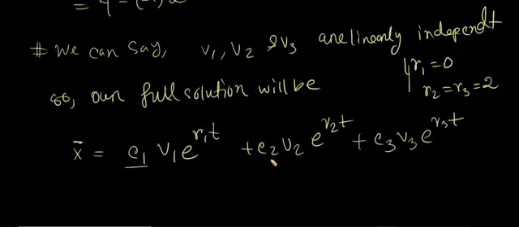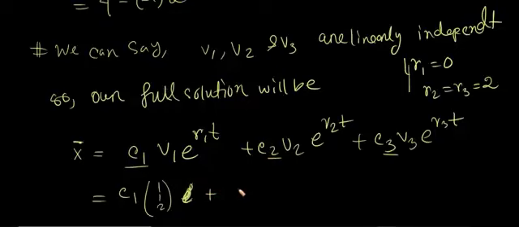And this c1, c2 and c3 are arbitrary constants that are determined from the initial conditions or the boundary value conditions. So if you write this in its full glory, this will be just 1 1 2 e to the power 0, that means just 1, so let's not write it.